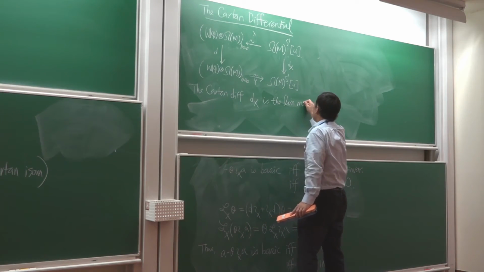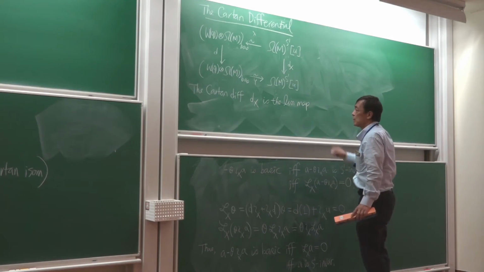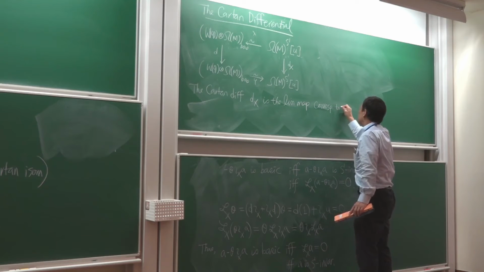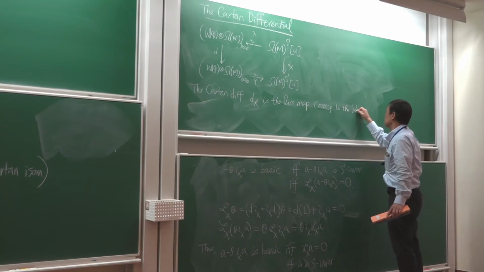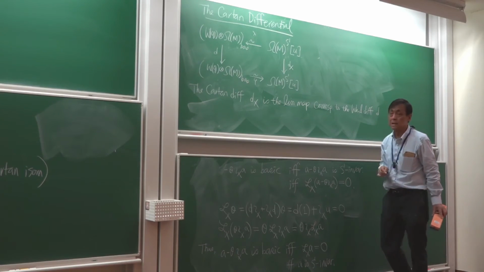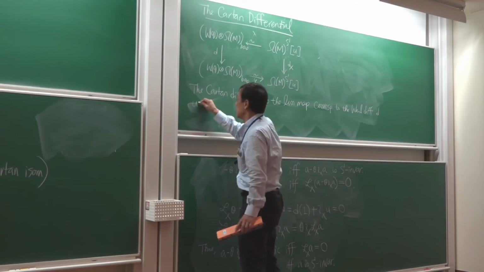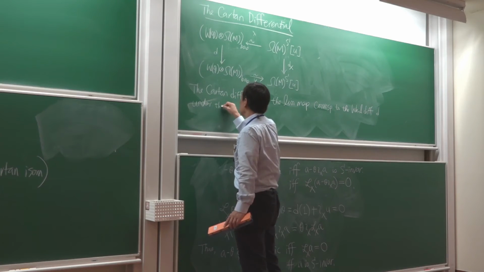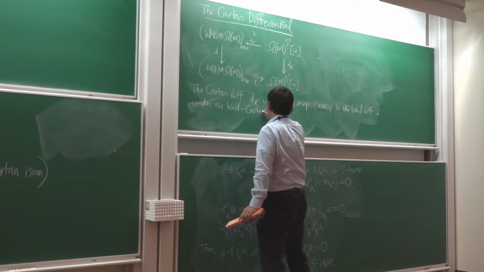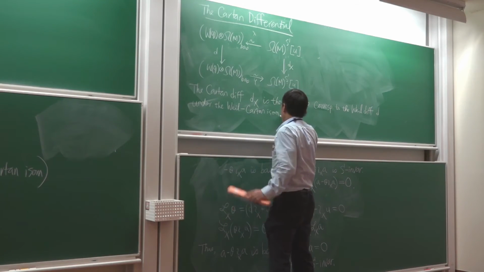It's a linear map corresponding to the Weil differential D under the Weil-Cartan isomorphism.